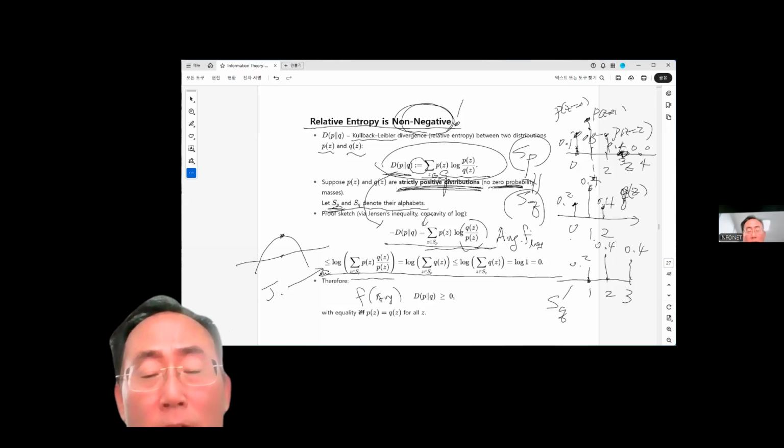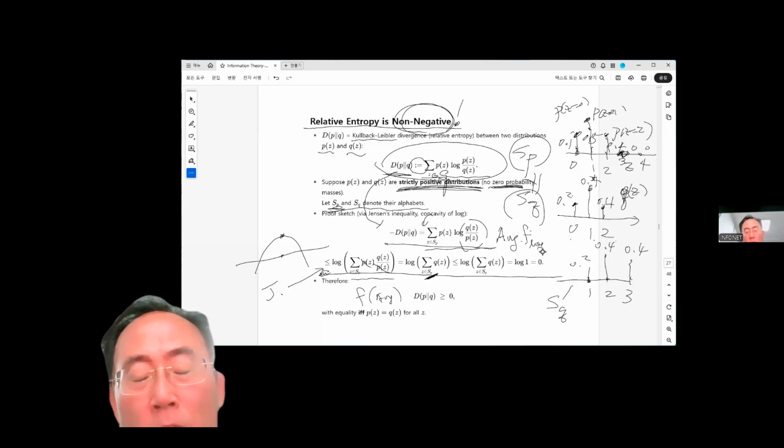And then from here, we can cancel out P(z). Then this is nothing but log of sum of Q(z), with respect to the support set S_P. And S_P and S_Q might be different, as we have seen in these cases.